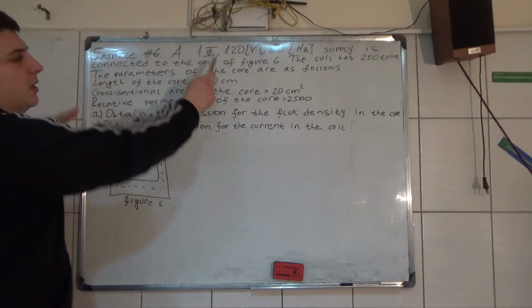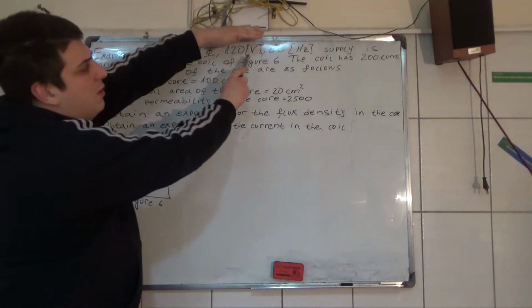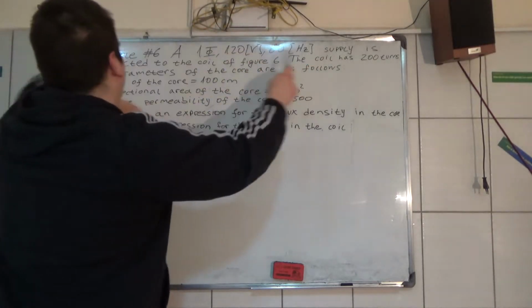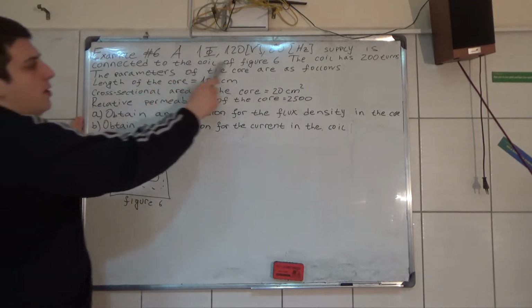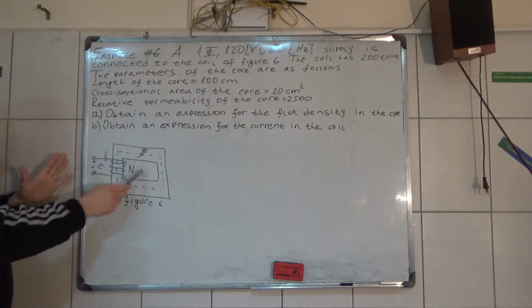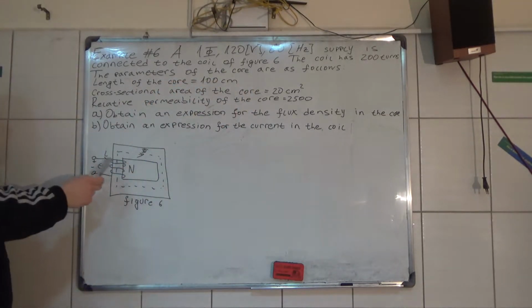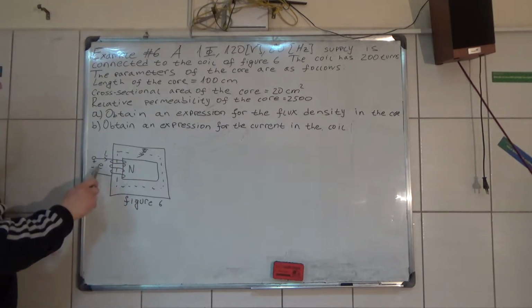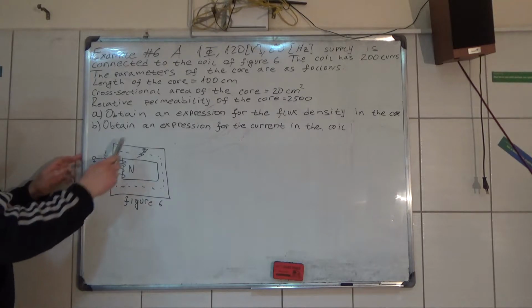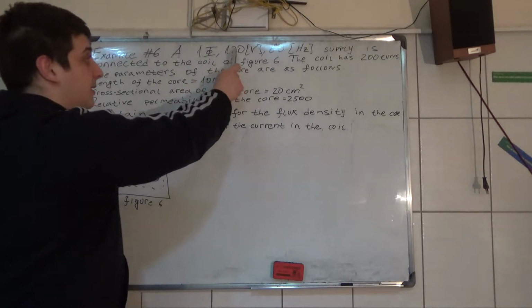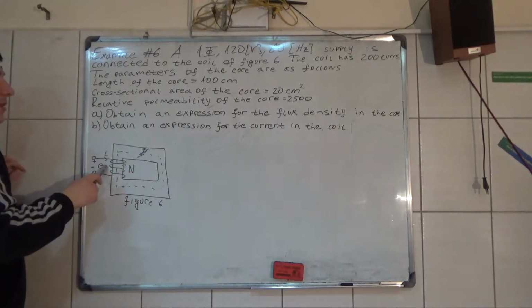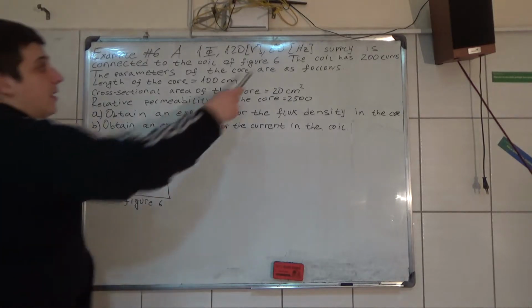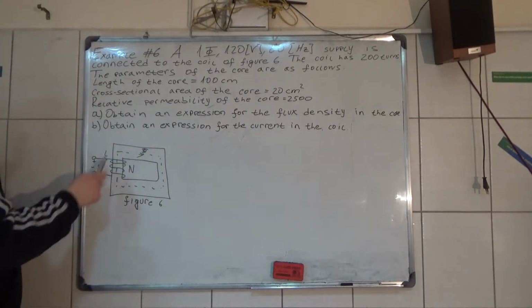One phase 120 volts 60 Hz supply is connected to the coil of figure 6. Now we have a magnetic circuit here. We have one coil and it's a one phase. It has an RMS of 120 volts and 60 Hz frequency.